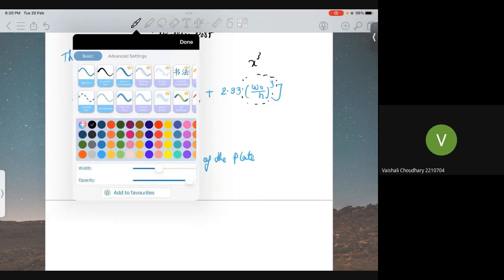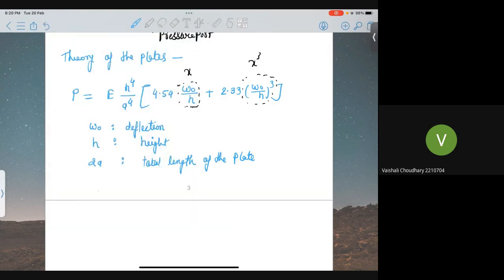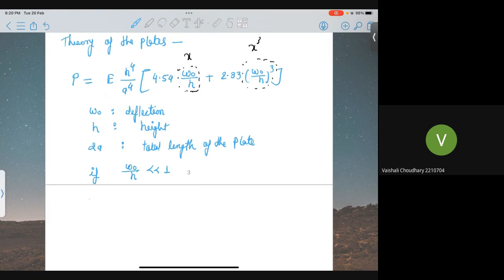If this deflection W naught by h is much less than 1, then we can ignore this cube term and we'll have P is E h to the power 4 by a to the power 4 times 4.54 W naught by h.